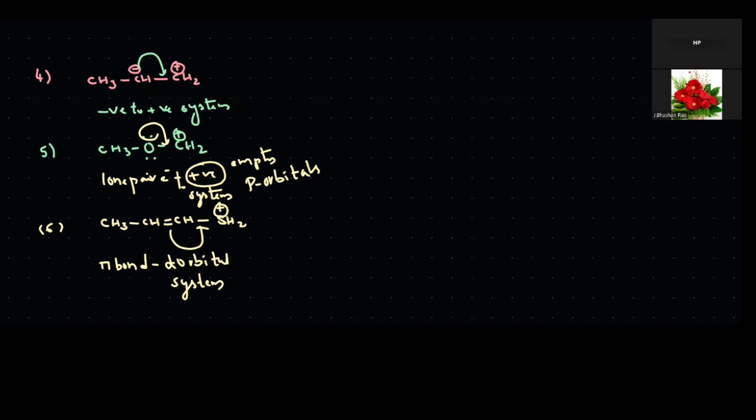Now we will discuss general examples of the mesomeric effect. In this first one, first identify whether the mesomeric effect is present or not.